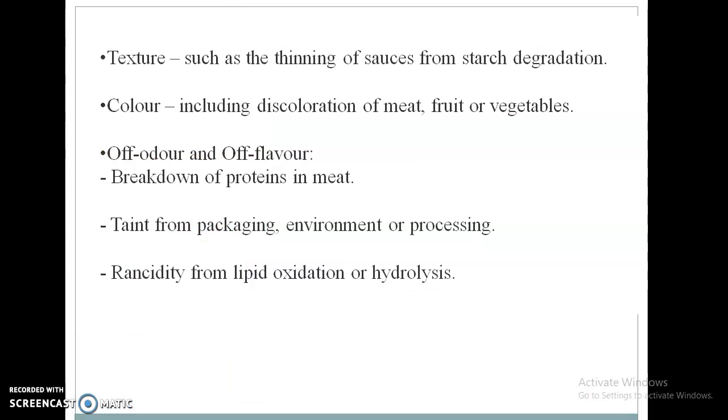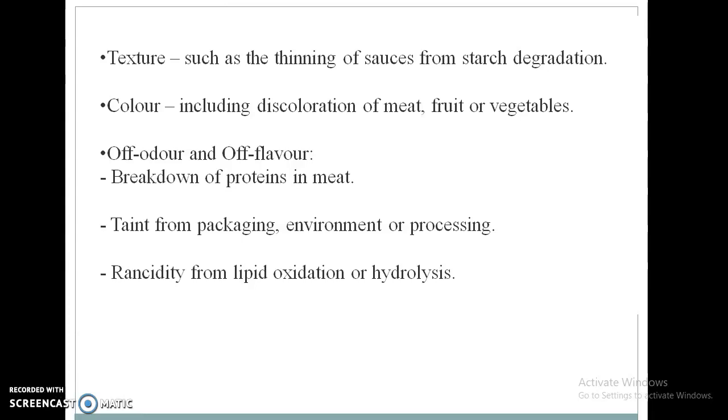So next, what are the changes observed during food spoilage? First, it alters the texture, such as thinning of sauces from starch degradation. Then it alters the color, which includes discoloration of meat, fruits, or vegetables.